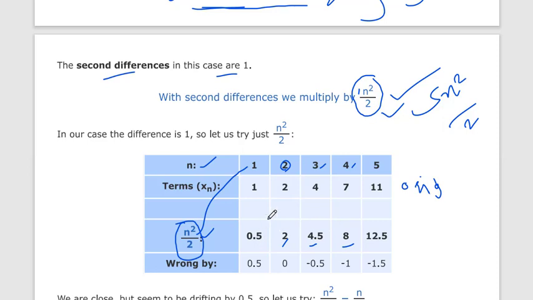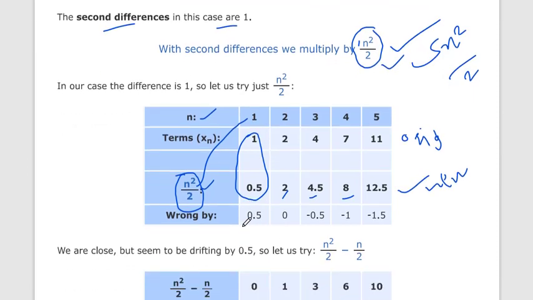Now what is the difference between the original and the new sequence we have just made? 1 minus 0.5 is 0.5, 2 minus 2 is 0, 4 minus 4.5 is minus 0.5.